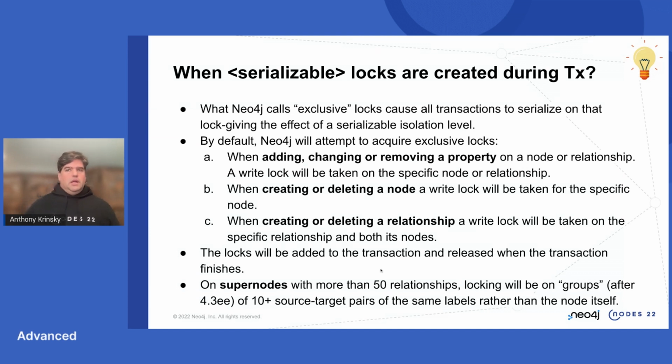So we're going to be locking on a piece of that supernode rather than on all of it. That increases throughput on supernode writes, updates, merges, and creates for relationships a lot better.